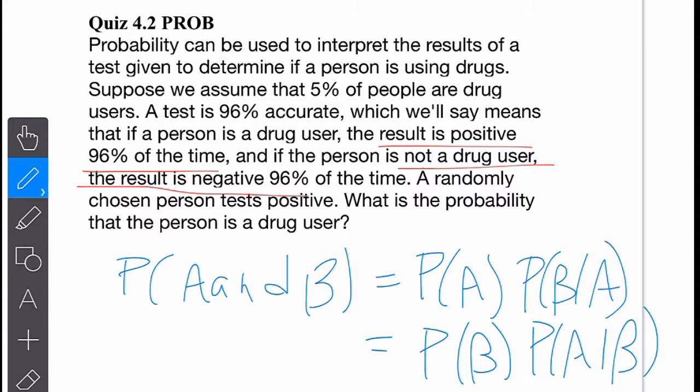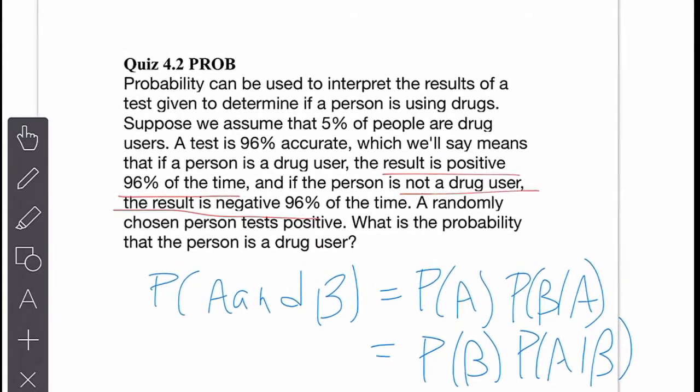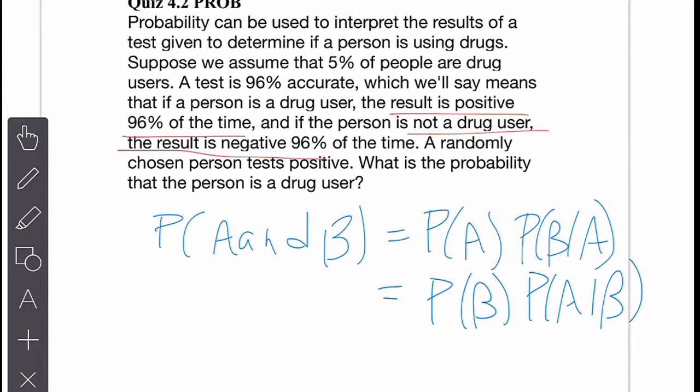Like I did show you some examples, and I gave you a problem to work through for one of the quizzes. So to do this, you need to lay it out with the elements of the problem at hand. So let's talk about A as the test result and B as drug user.